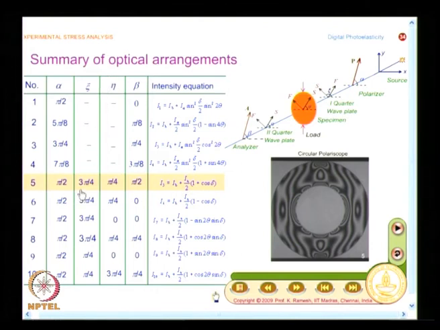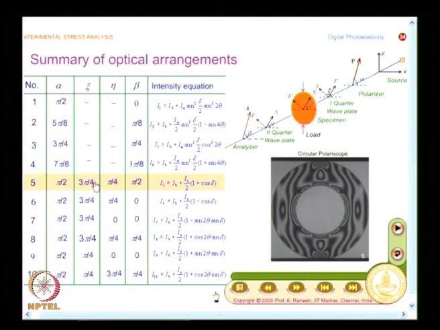And if you look at zeta and eta, they are again crossed. I had mentioned crossed optical arrangements of the quarter wave plates minimizes the error due to mismatch. So, this knowledge of conventional photoelasticity is also useful in digital photoelasticity.